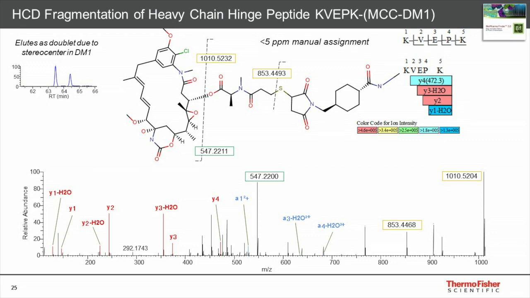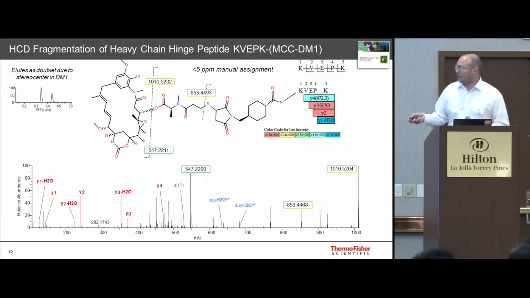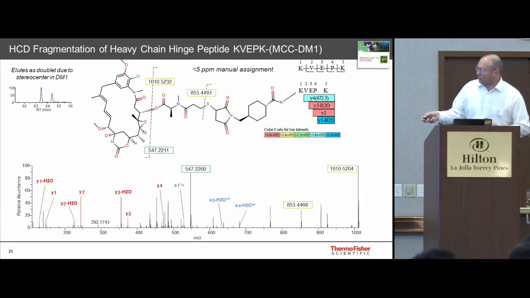So this 547 is pretty well known for this DM1 linker drug. So in this case, we're manually checking all the data that we're getting, which would correspond to an ADC conjugated peptide. So 547 is one clue.